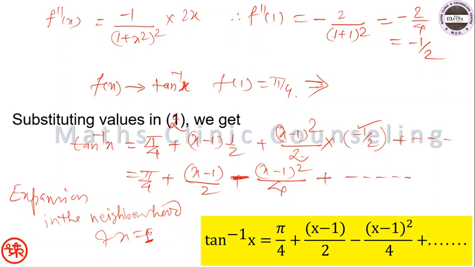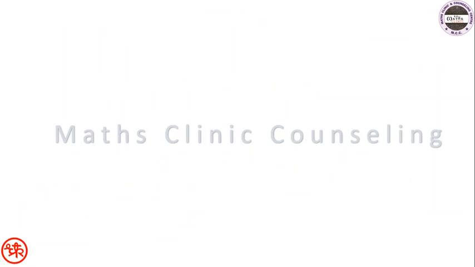In the first example, it was in the neighborhood of x is equal to pi by 2. In the second, x is equal to 2. Is that clear? So, if you understand this lecture, please try to solve the homework.